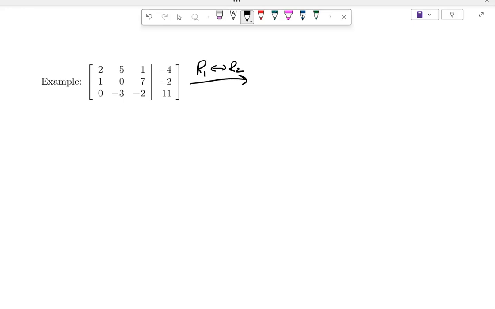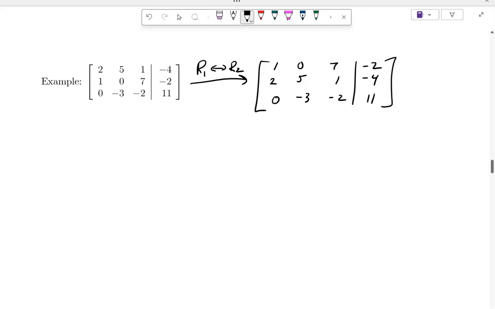We'll take the second row and put it in the first row spot, and take the first row and put it in the second row spot.